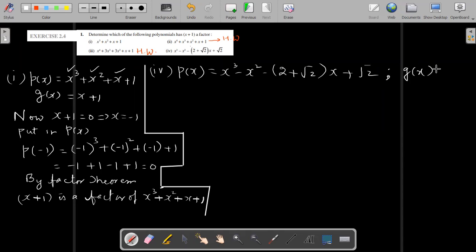And g(x) is the same in all the questions. g(x) is equal to x plus 1. So equating x plus 1 to 0, x plus 1 is equal to 0. Therefore, x is equal to minus 1. This you have to substitute in p(x).